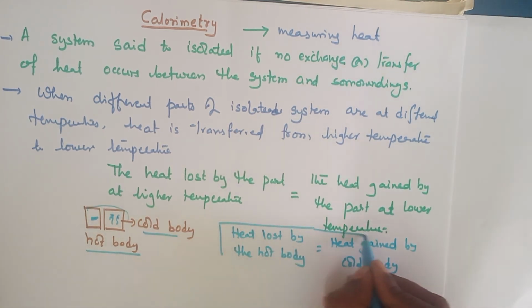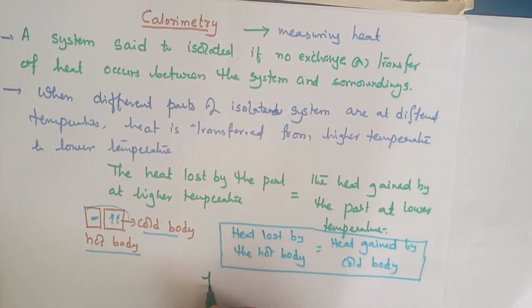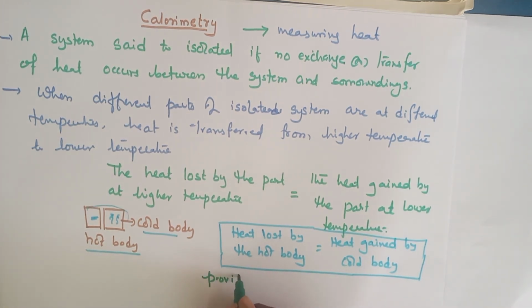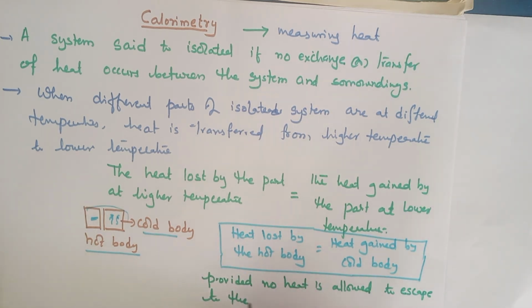This is a simple phenomenon which we use in the problems. What is the condition here? Provided that no heat is allowed to escape to the surroundings, within the system.